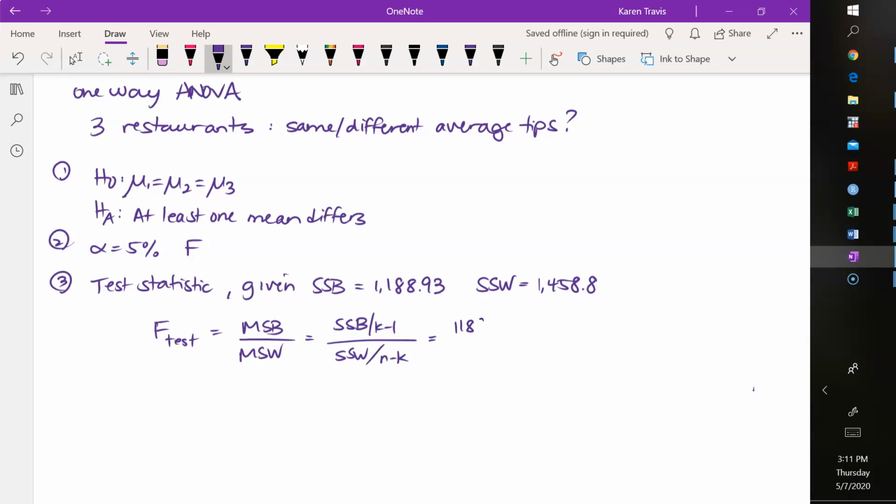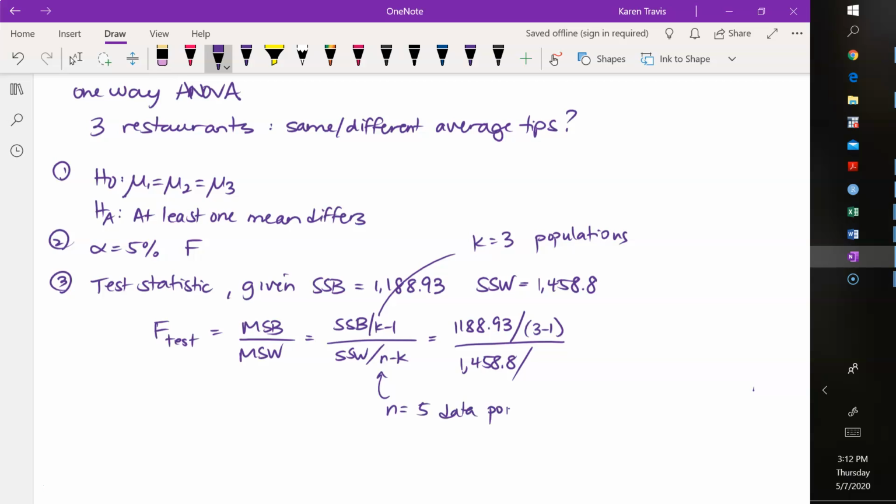So we'll use that SSB, and remember that K equals the 3 populations. So we will have 3 minus 1 here, and we will use N minus K. In this problem, they had 5 data points per restaurant.